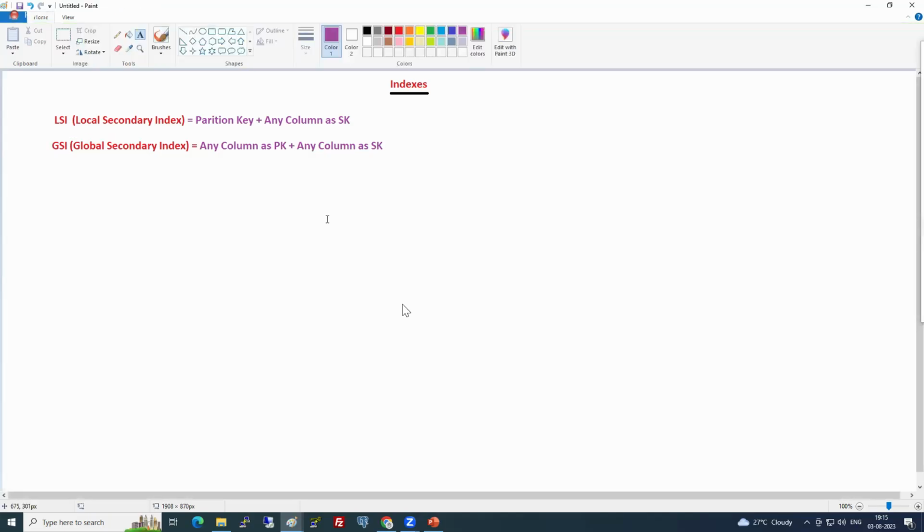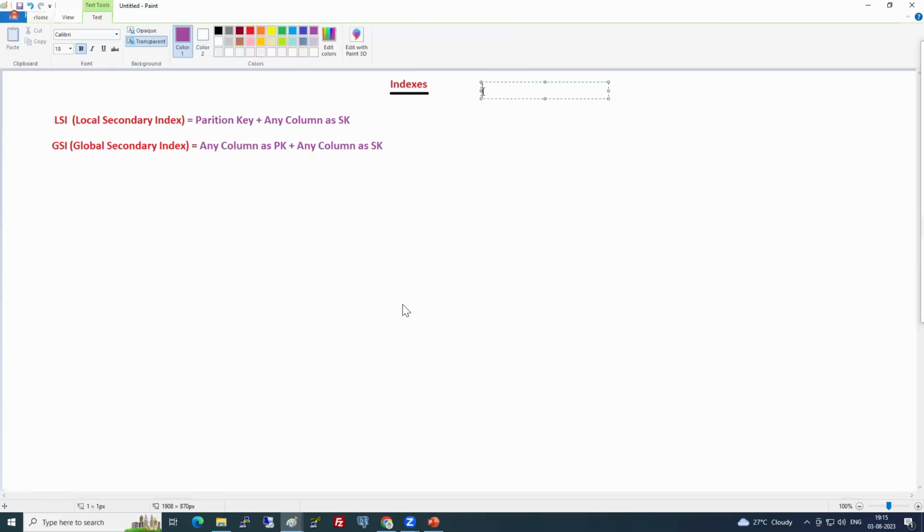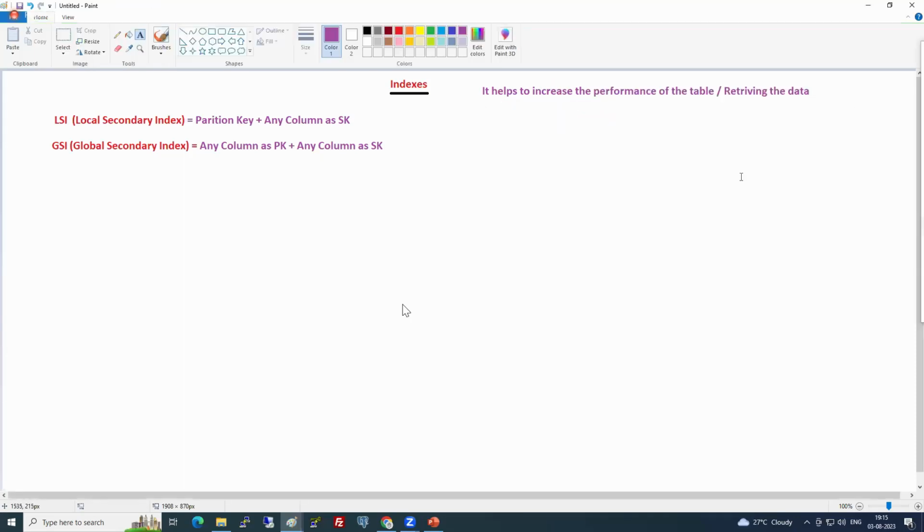People use this indexes concept to retrieve the data fast. So indexes are used for what purpose? It helps to increase the performance of the table, and it is used for retrieving the data. Okay.